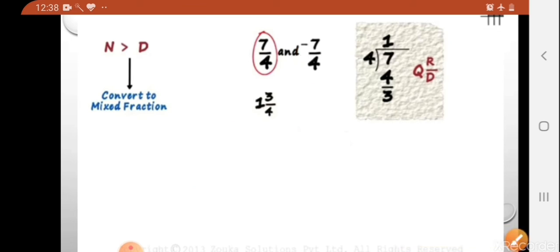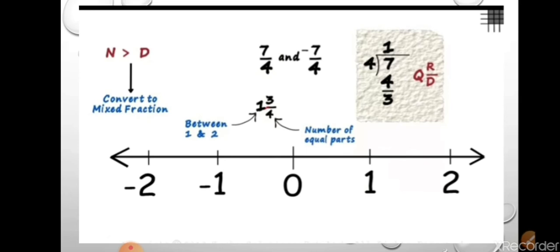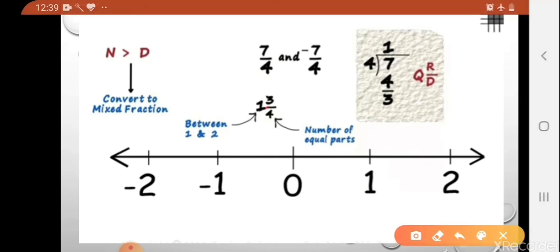Now what we have to do next? In the mixed fraction you have got 1 whole 3 upon 4, where the whole number is 1. So what we have studied is that first we change into a mixed fraction, and then whatever whole number is coming, the rational number will lie between that whole number and the next whole number.